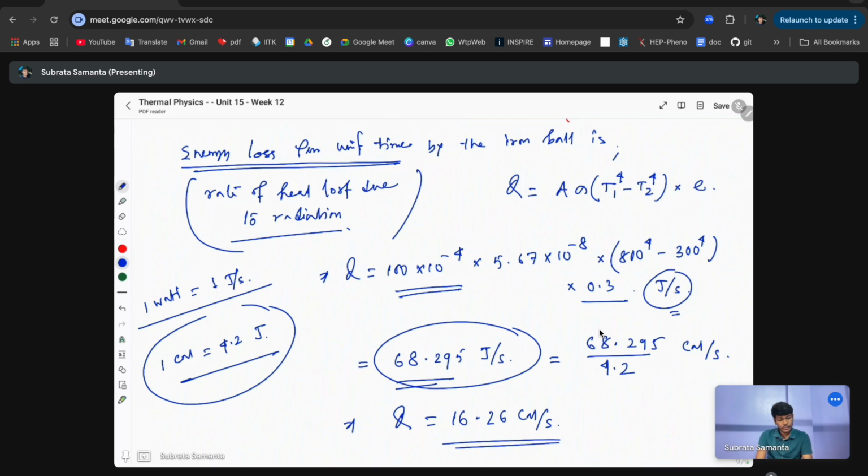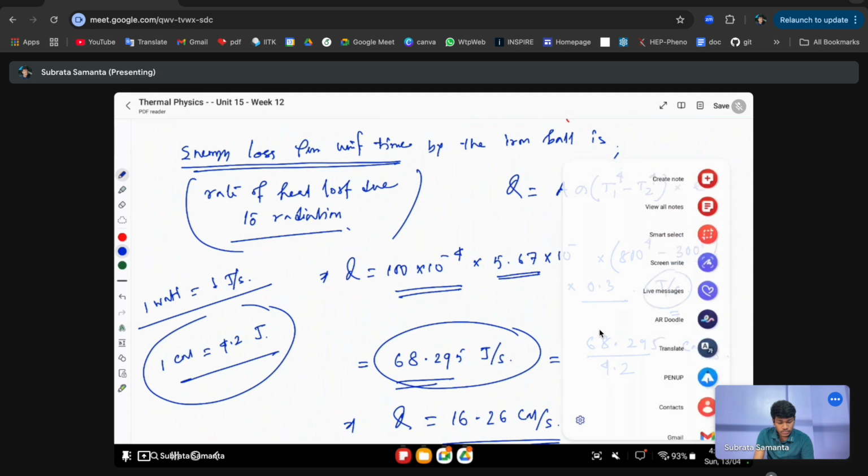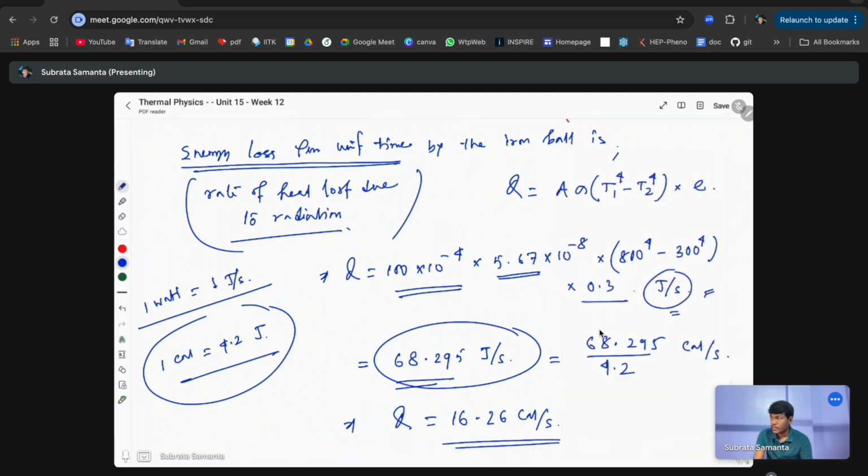Here the unit is watt: 5.67 times 10 to the power minus 8 has the unit watt per meter square per Kelvin to the power 4, and here we have meter square and Kelvin to the power 4, so the meter square and Kelvin to the power 4 cancel, and only watt is left. So this watt is basically joule per second.